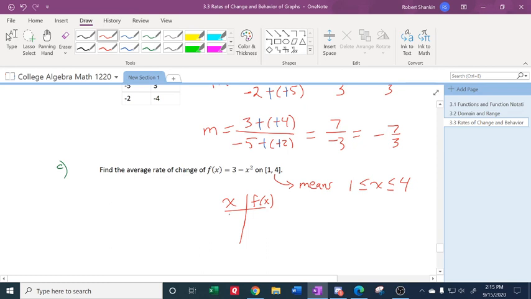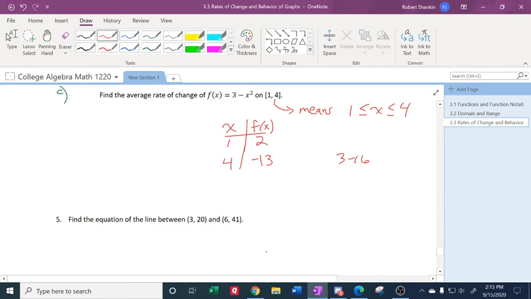If x was 1 all the way to 4. If x was 1, we plug a 1 in here. We get 3 minus 1 squared, which is 2. If x is 4, we plug the 4 in. We get 3 minus 16. 3 minus 16 is negative 13. Okay, so those are my 2 points.